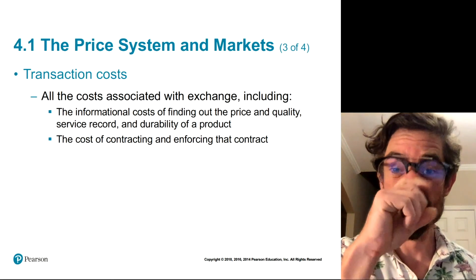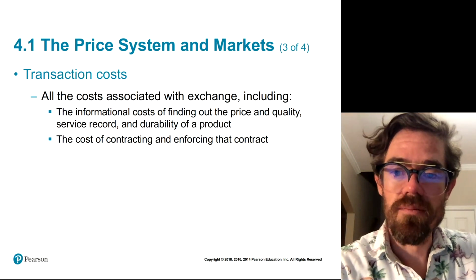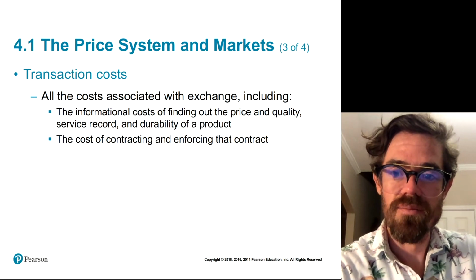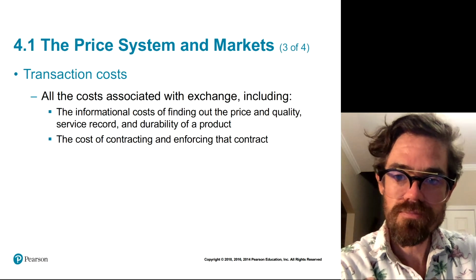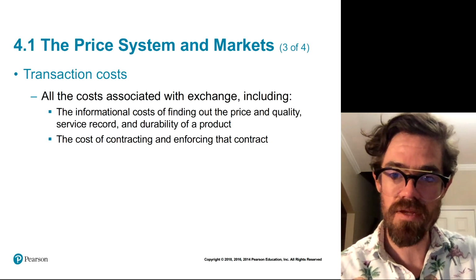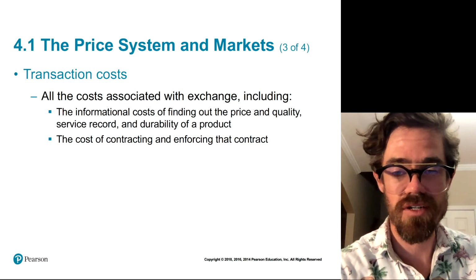A lot of times we use rules of thumb to go through these things, but think about when you're at a restaurant trying to decide what to order, right? That time and effort you spend trying to figure out what to order, that's part of the transaction cost, right?